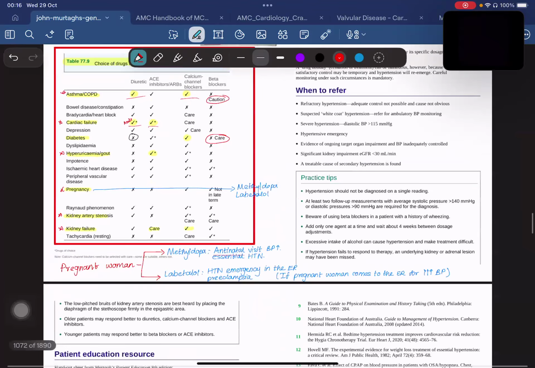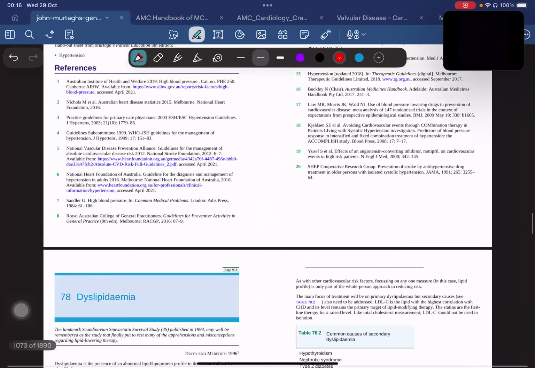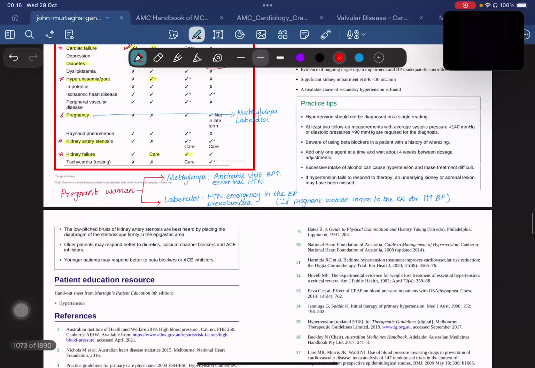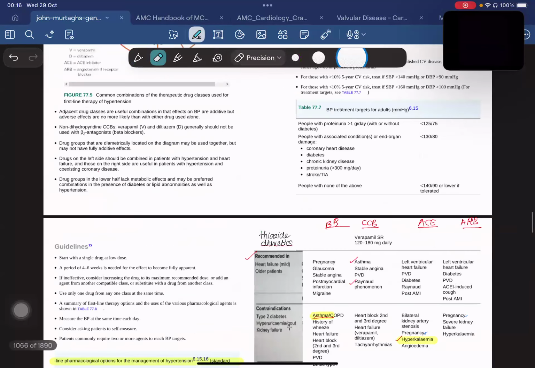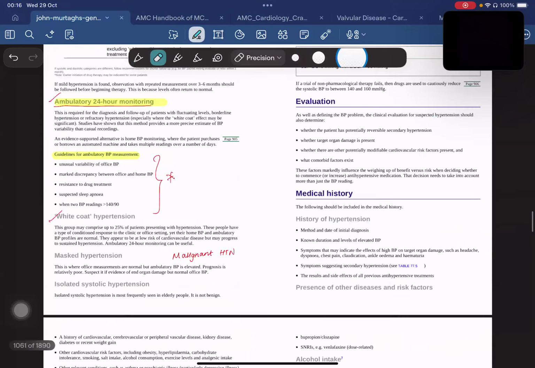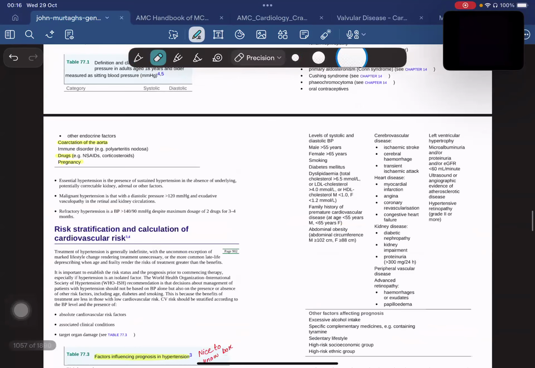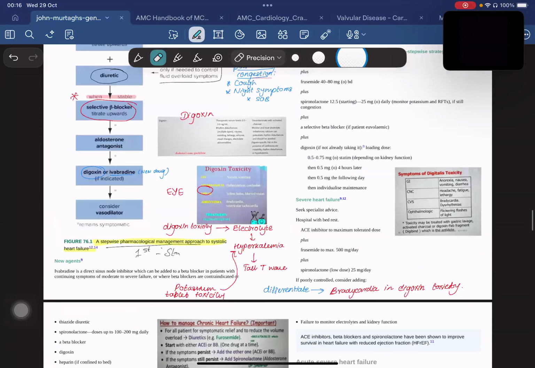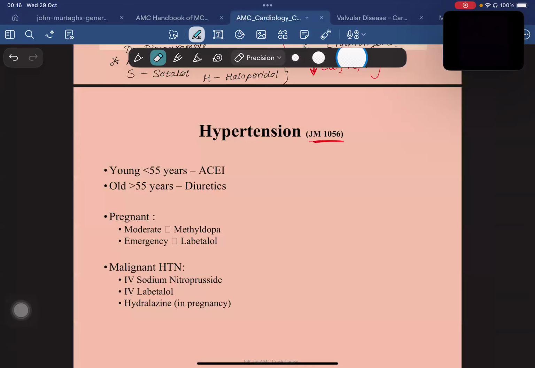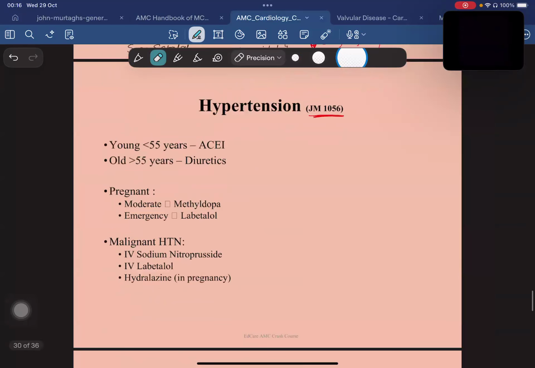So that's the end of the hypertension chapter in John Murtagh. Try to read the important points, highlight, and add them to your notes. I think I also added a few important points in hypertension.